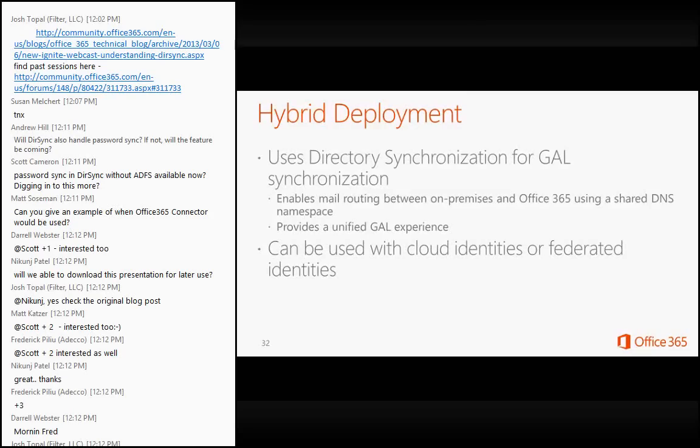Even with the hybrid piece, we could have cloud identities, or we could have federated identities. Federated identities are not a requirement, but are a recommendation for best user experience, so obviously you can use the on-premise identities, passwords, restrictions, and all those types of things. Okay, Josh.